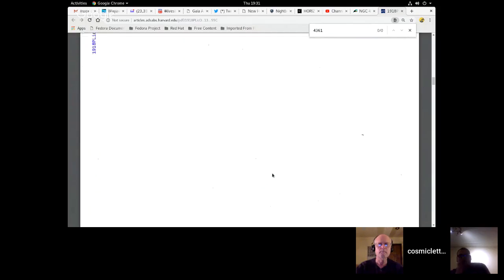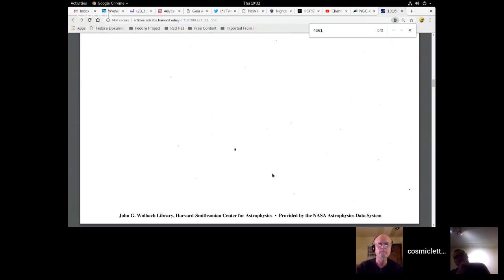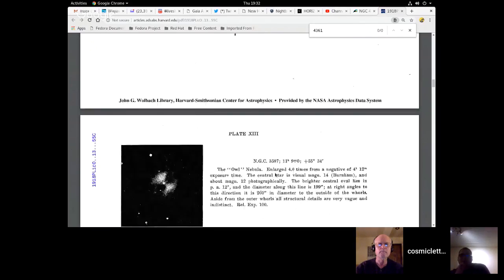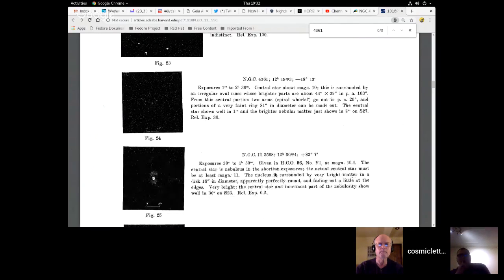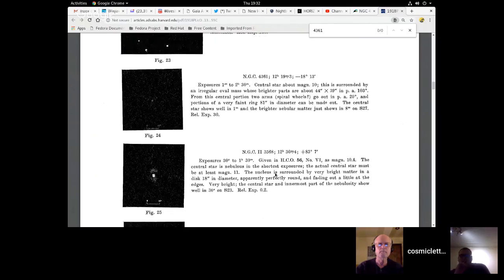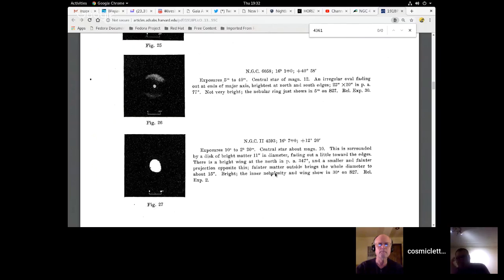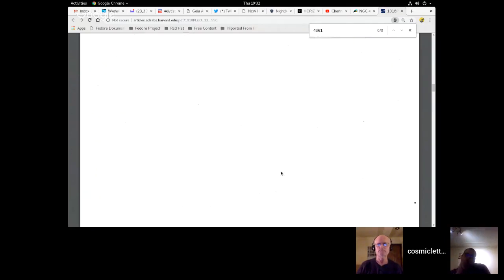Still, it's kind of neat to see these things. It'd be interesting to compare images taken then with what they look like now, and see how they've changed. Over the course of 100 years, I think the changes would be pretty obvious.